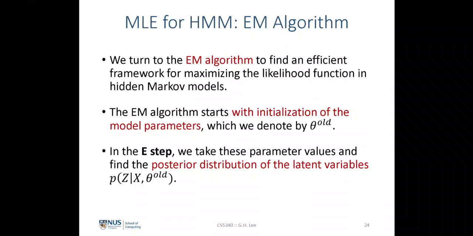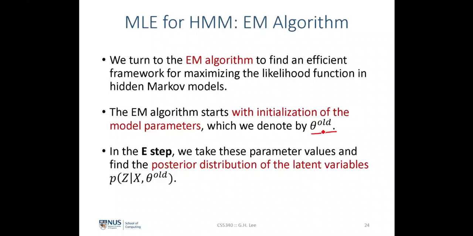So we'll turn to the expectation maximization algorithm to find an efficient framework to maximize the log likelihood function in the HMM. We'll follow the same steps as what we have seen in the previous lecture, that the EM algorithm alternates between the expectation and the maximization step. It all starts with an initialization of the model parameters, which we denote as theta old.